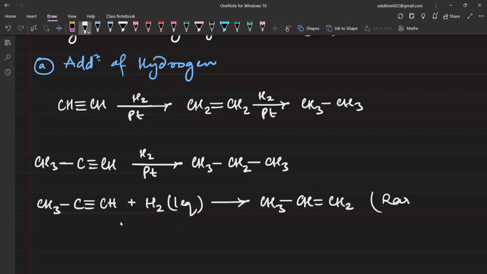It's rare, it's very rare that they are going to give you 1 equivalent. So basically आप ये कह सकते हैं एल्कीन में आपने हाइड्रोजन ऐड किया, एल्काइन में आपने अगर 2 मोल ऑफ हाइड्रोजन ऐड की, it is going to give you alkane.